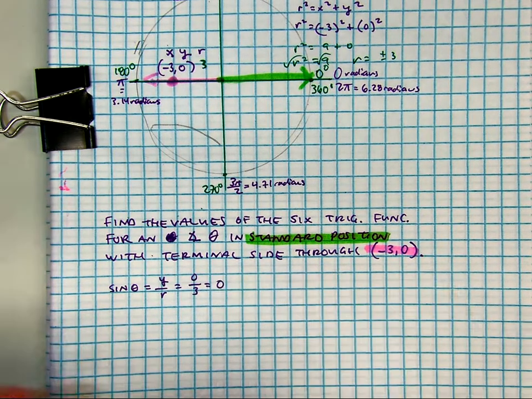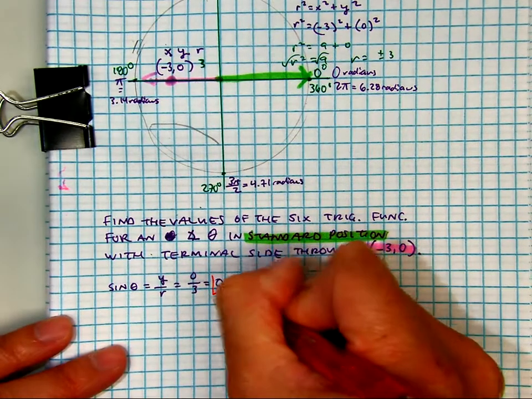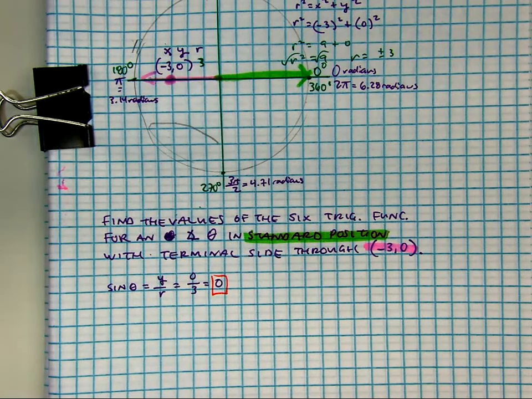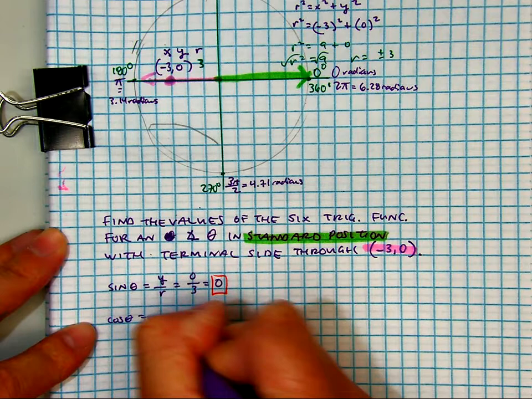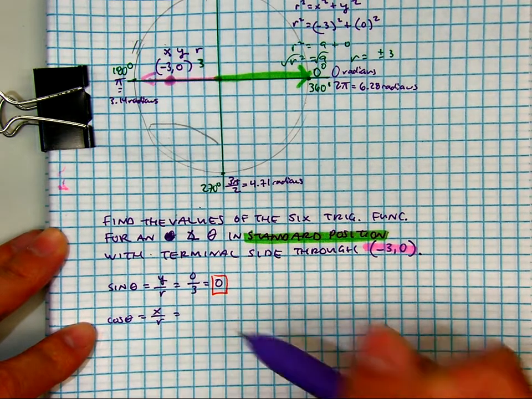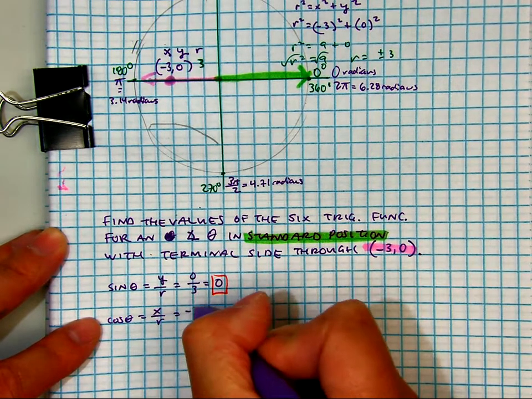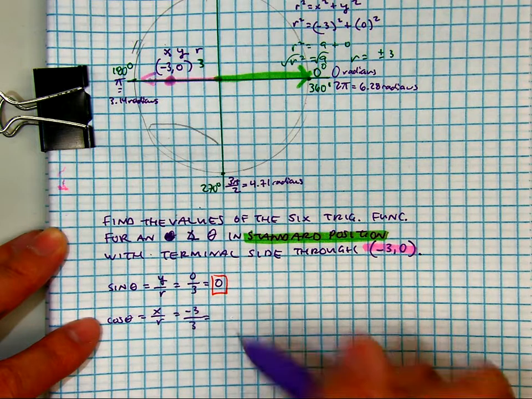Ruby, give me another one. And that's going to equal? Negative 1.